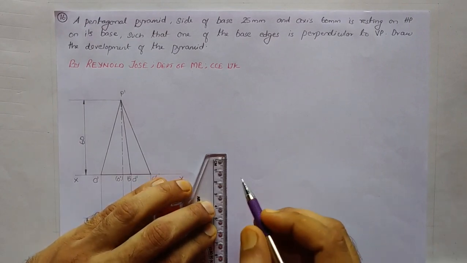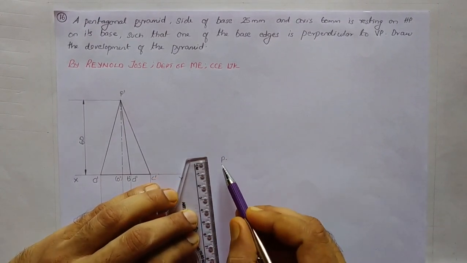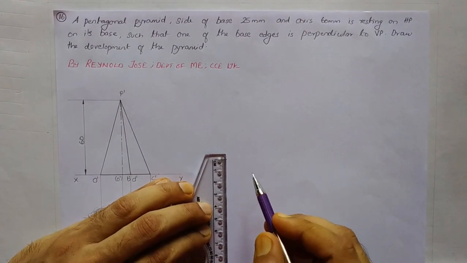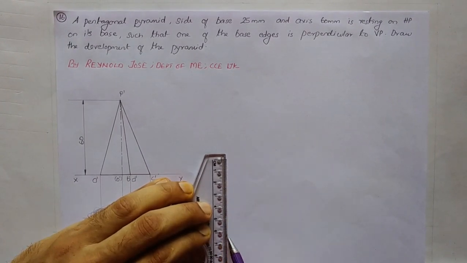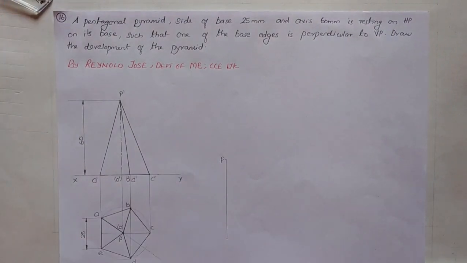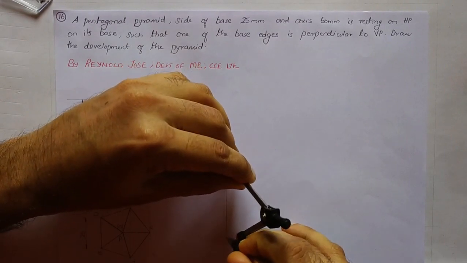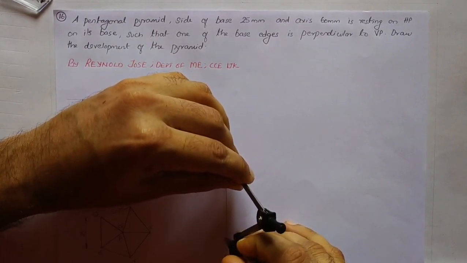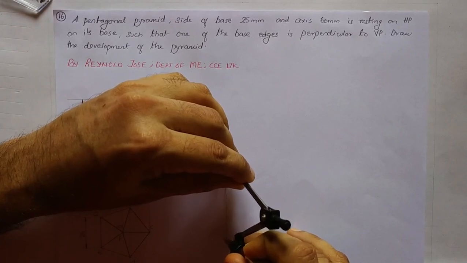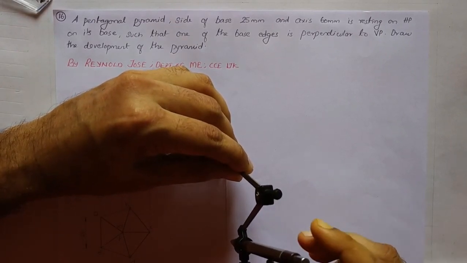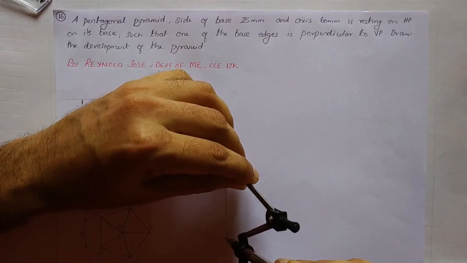So draw a thin line with a length of 65 mm from point P. Now using the compass, let us draw an arc with 65 mm as radius and P as center. You have to draw this arc as a thin line, type B line.